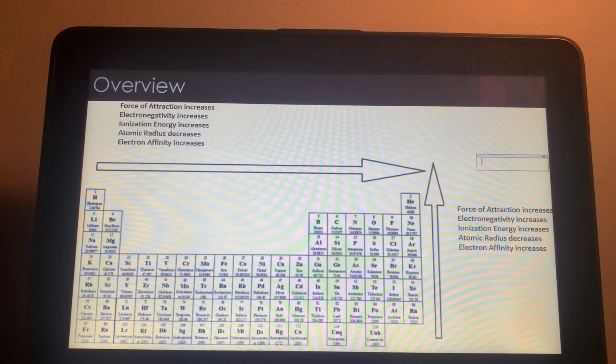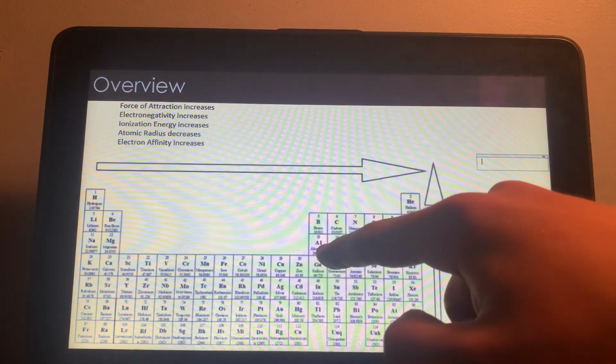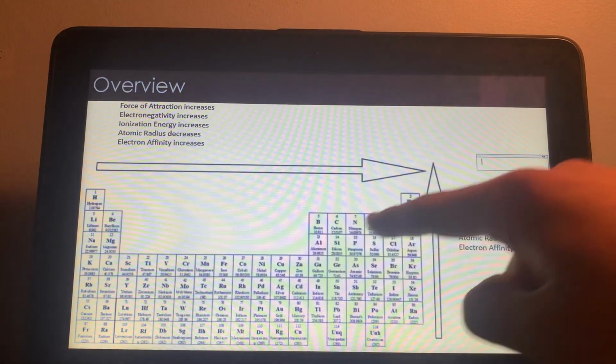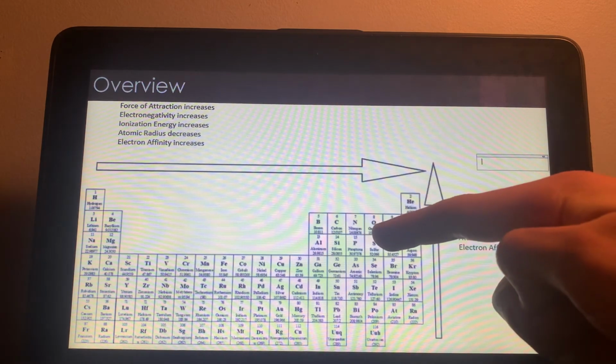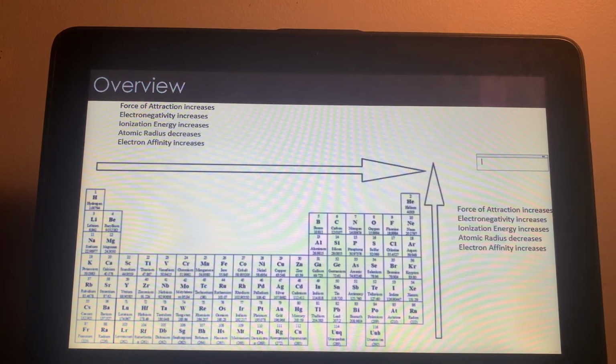Now, take maybe a minute, or we'll just look at this because these are going to be commonly what you're asked. So let's say someone asks you, tell me these 5 things about aluminum and nitrogen. Well, we see aluminum right there, and nitrogen is right there. Can you see that? Yeah, right there. So nitrogen is farther up and more to the right.